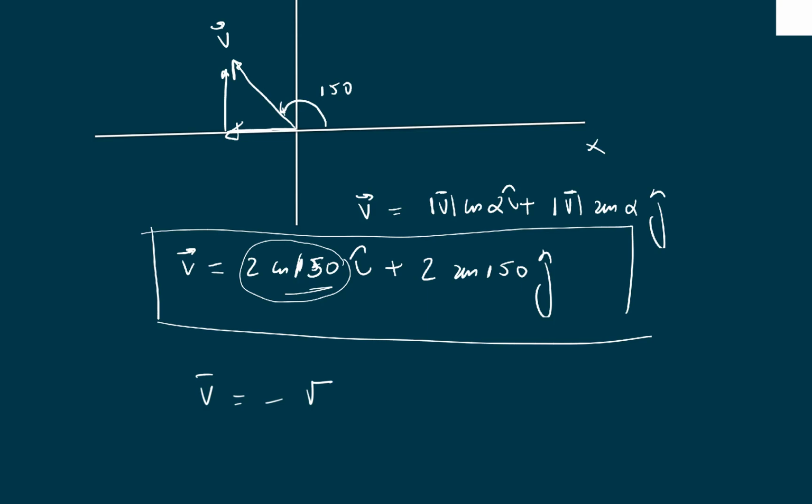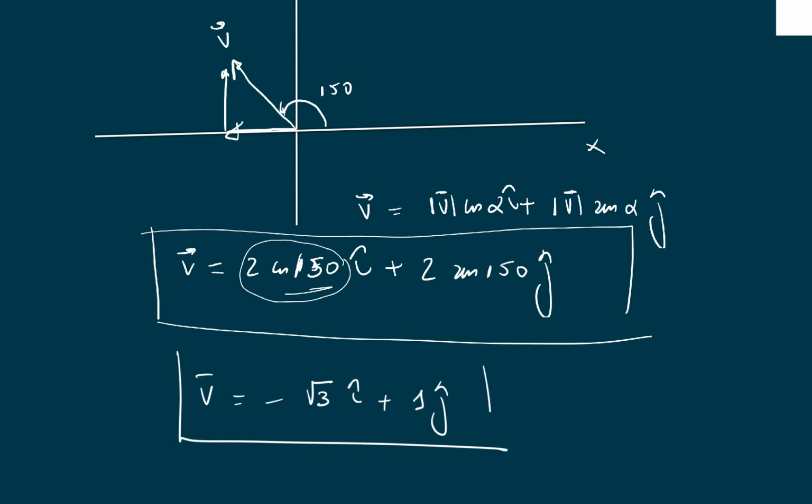Cosine of 150 is minus the square root of 3 over 2, so 2 times that will be minus the square root of 3 I plus 2 times sine of 150. Sine of 150 is the same as sine of 30. Sine of 30 is 1/2. So 2 by 1/2 is 1. So plus 1 J.